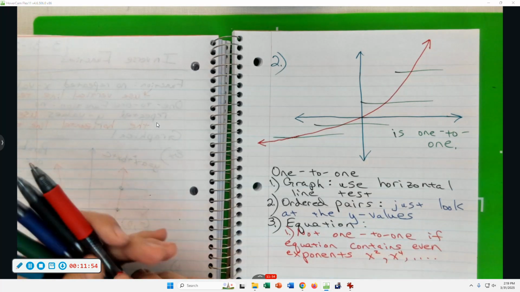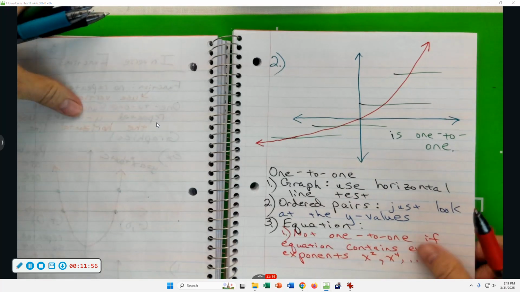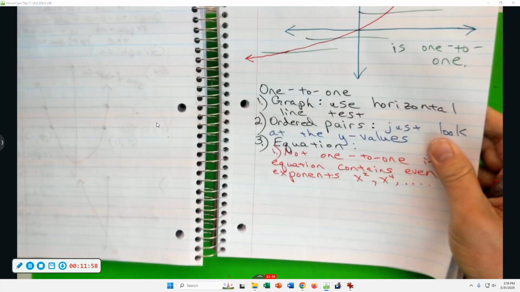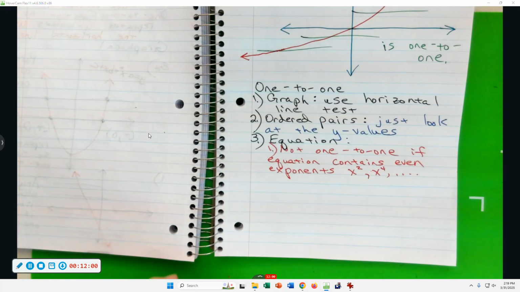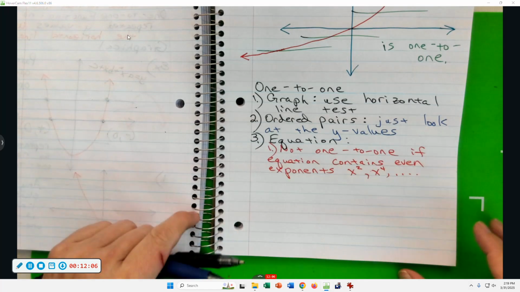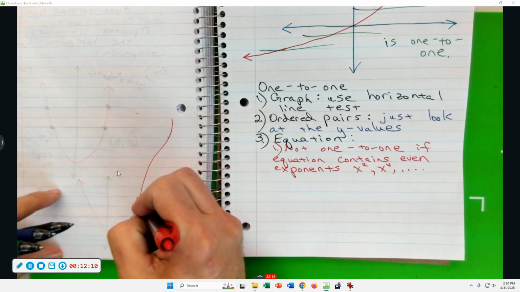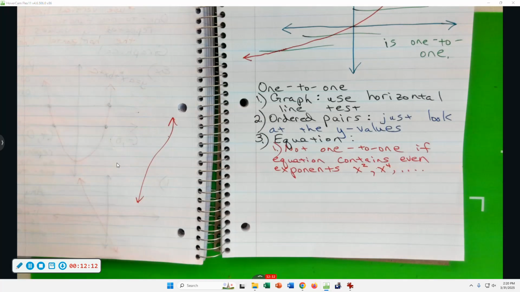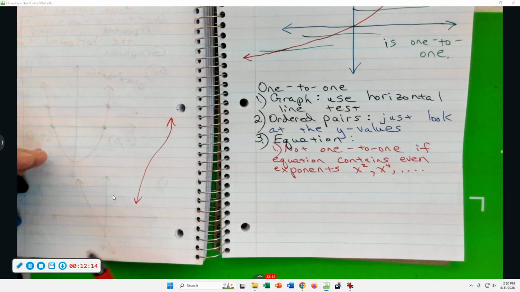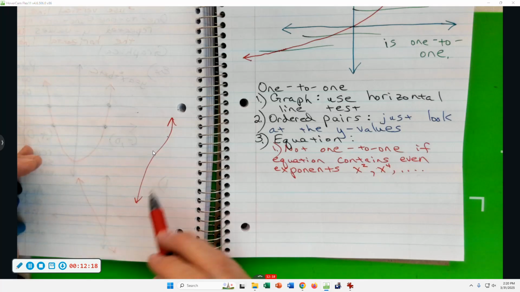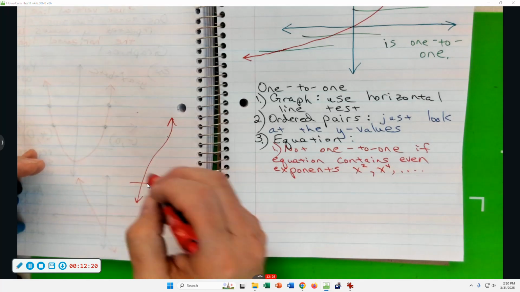Suppose we were looking at a cubic. A cubic has an x cubed. Would that be okay? Yeah, that would be fine. We drew cubics, a little squiggly drawing. If it's just y equals x cubed, then it's going to be 1-to-1.